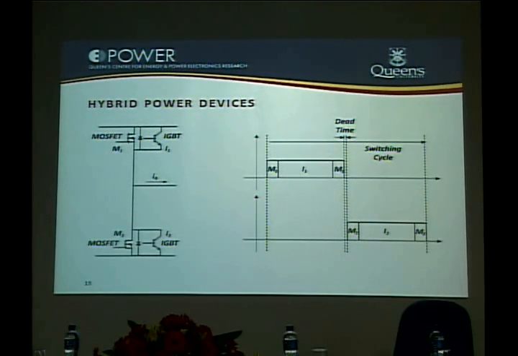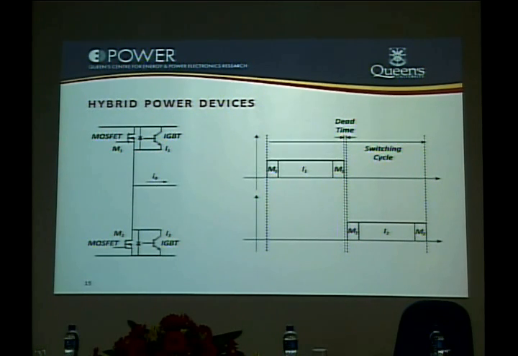One limitation of the IGBT is the high switching frequency because of its switching characteristics. What one can do is combine both the MOSFET and IGBT together in the same package.